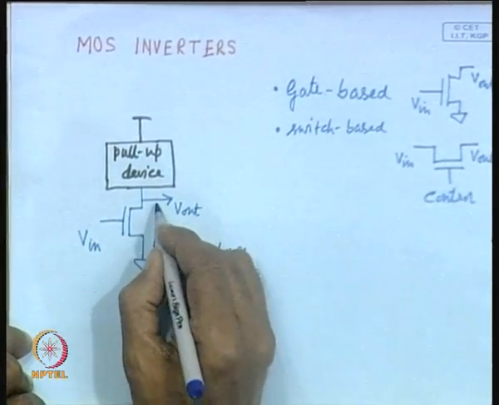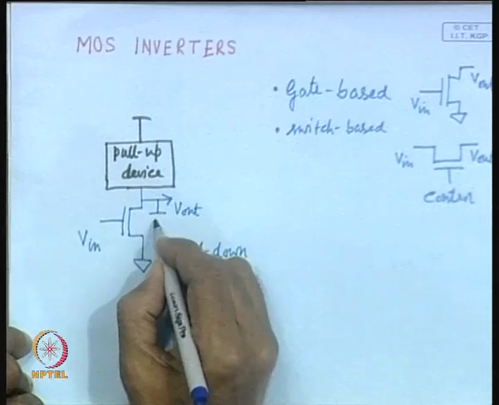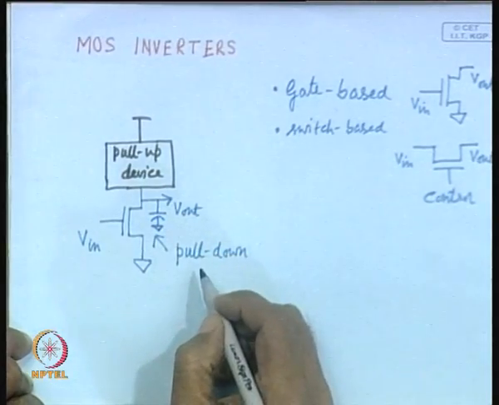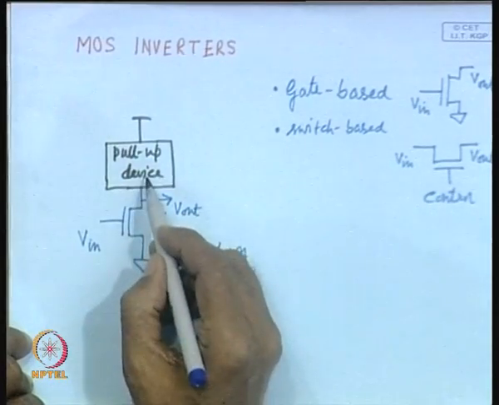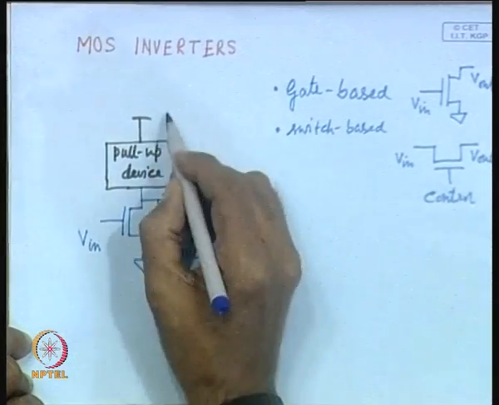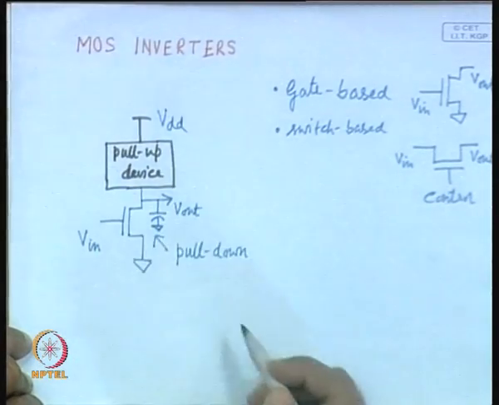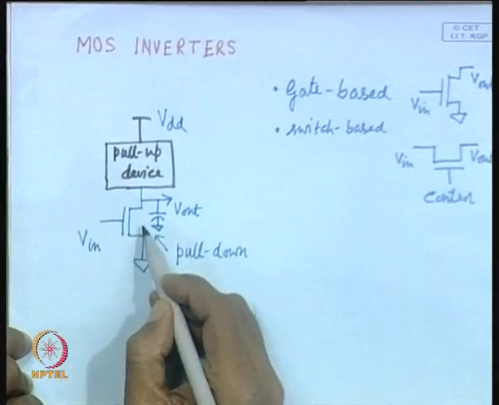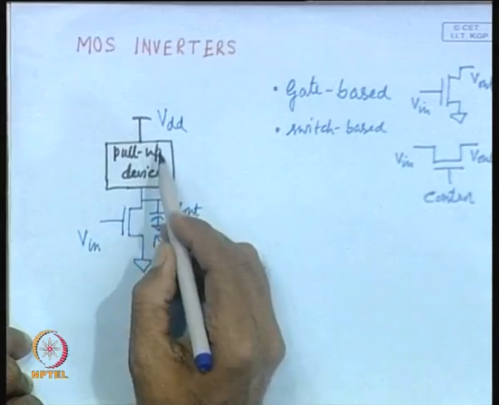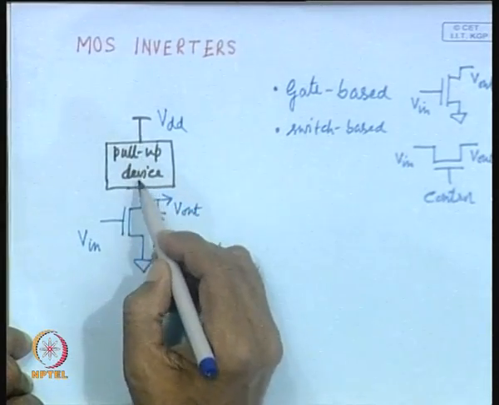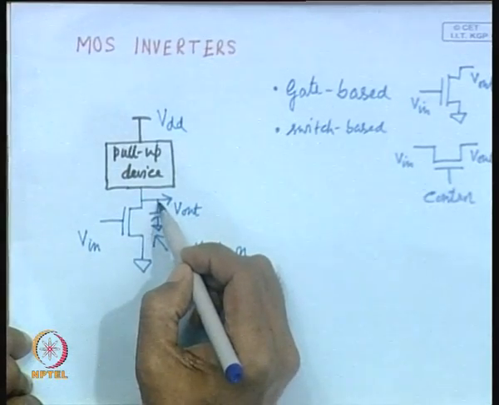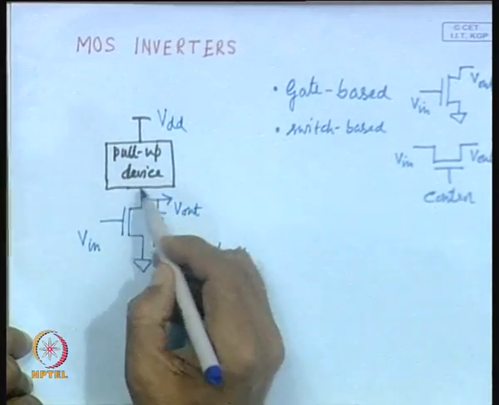The reason for that is, as we shall see, it will be associated with a capacitance at the output. That means, with the help of the pull up device you pull the voltage up to the VDD level. When the pull up device is on, this capacitor charges, rather the voltage is raised to VDD level, through this pull up device.